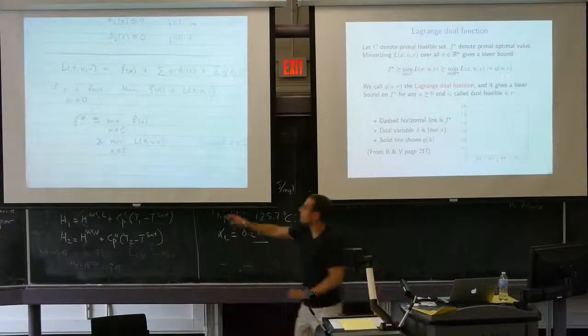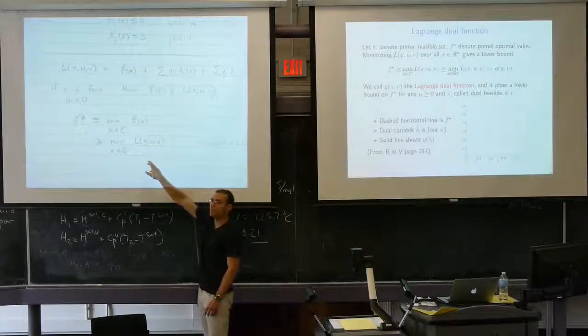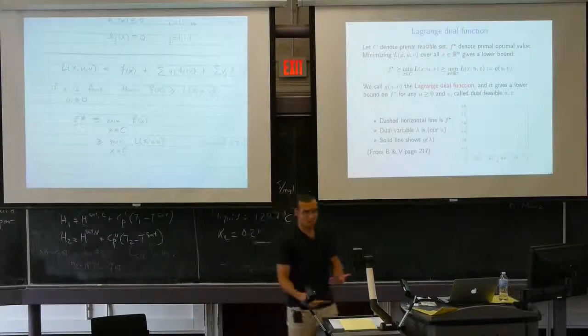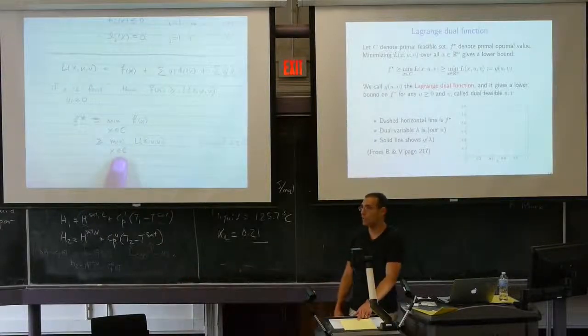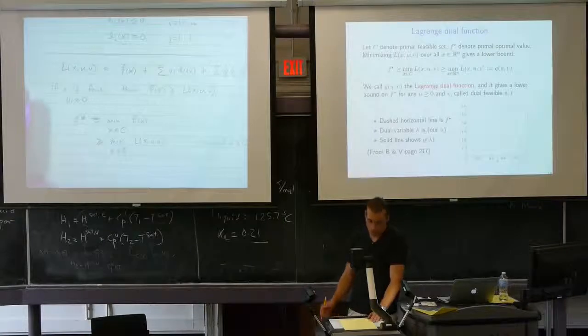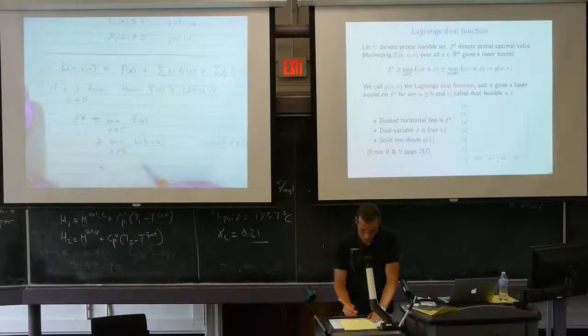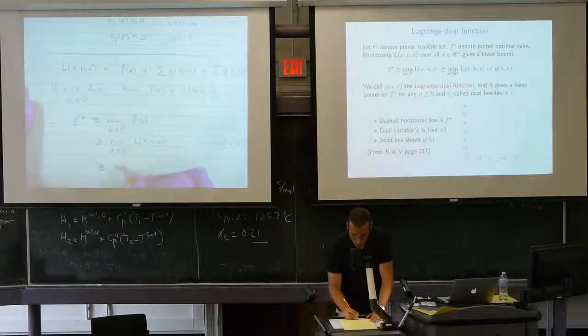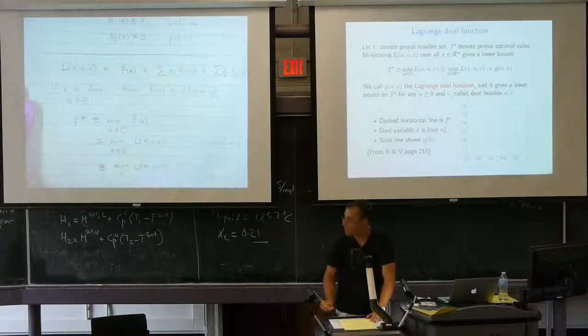So if we could write down this as a function of u and v, this whole thing, that would be a lower bound. But this isn't easy, minimizing over this constraint set. Analytically, it's usually not possible to do this if the constraint set is anything but trivial. So we form one more inequality where we say that this is bigger than or equal to what we get if we had no constraints on x, and I still minimized L of x, u, v.